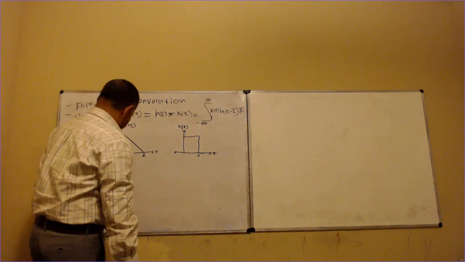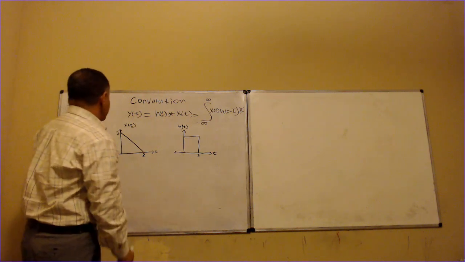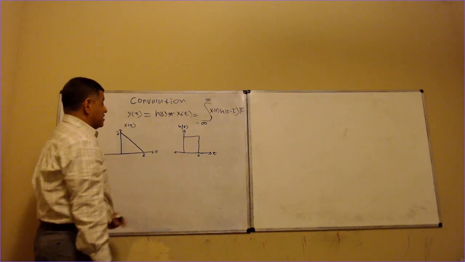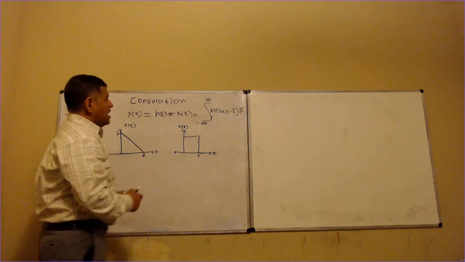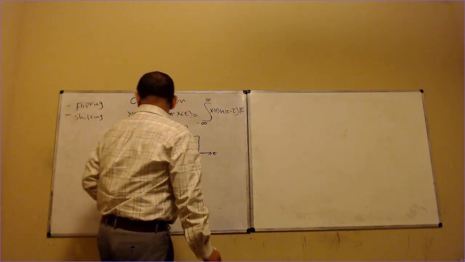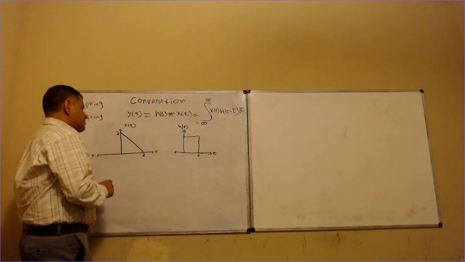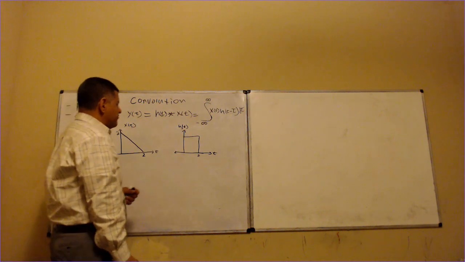Now, as we did in the last videos, the first step is to identify which one we shift and which one we flip. Another question that many people will probably have is, how do I know how much I am shifting?